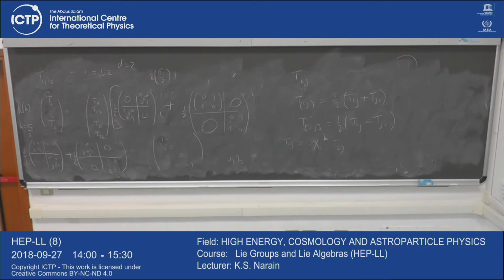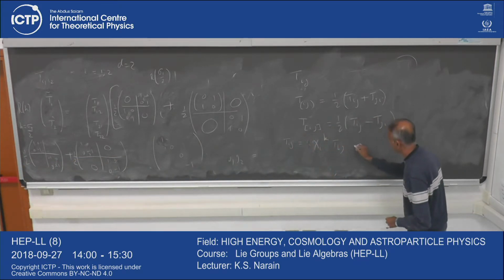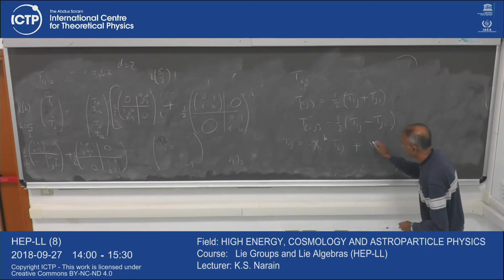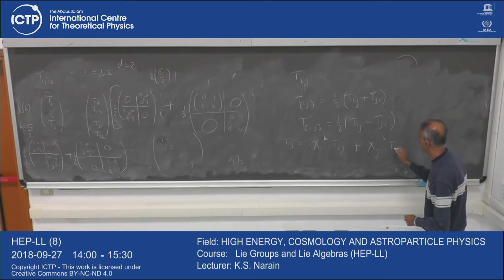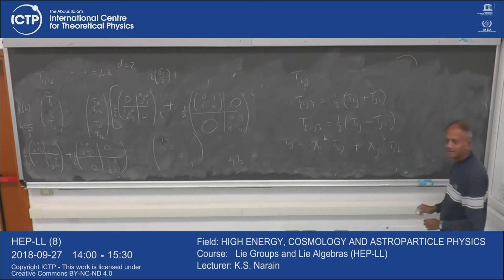True, because we are dealing with matrix groups, and the groups themselves are defined in terms of matrices. But if you define the group abstractly, then okay. With the abuse of notation, I just use the same symbol, otherwise it takes too much time. Then plus x_jk T_ik.